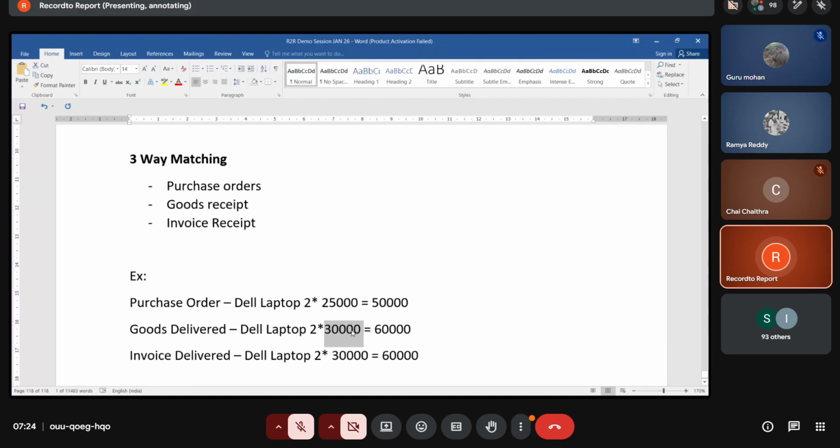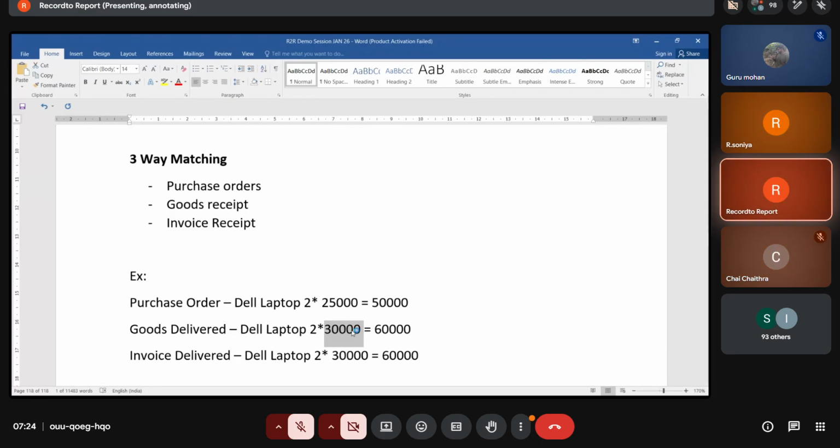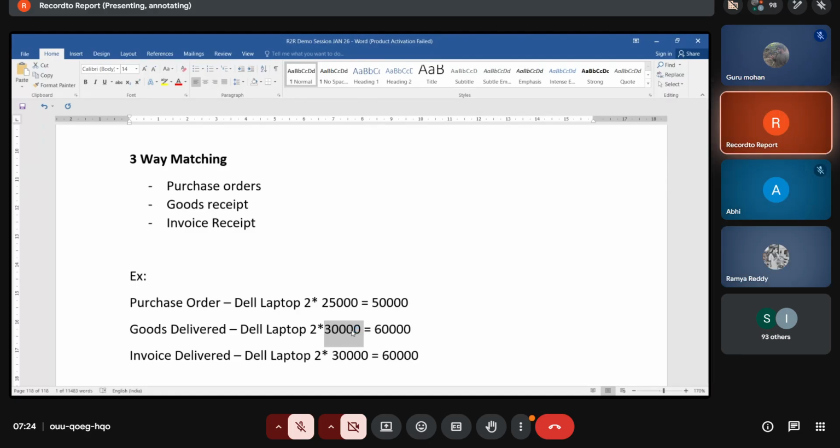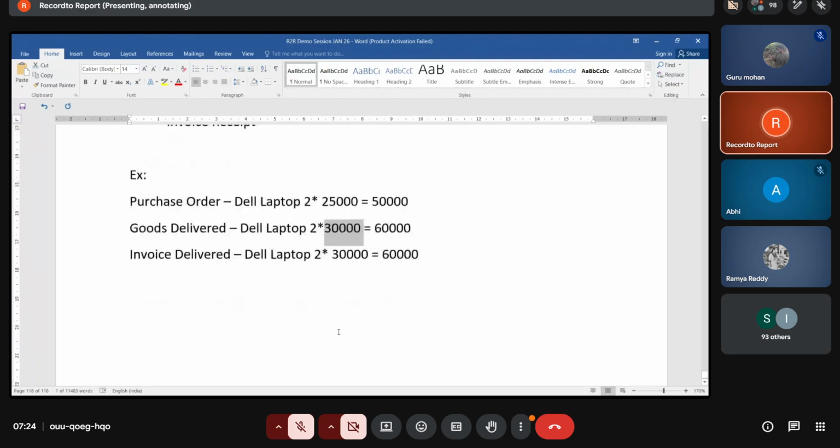So did all three match, guys? No. Goods delivered and invoice receipt are matching? No. So whatever it might be, if the order is confirmed, even if it is increased by 10,000 rupees also, there should not be any price fluctuations, guys. Okay. So all the three parameters have to be matched before booking the invoices.